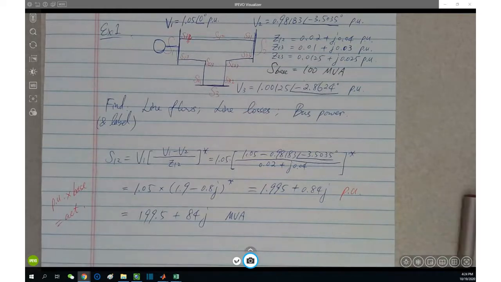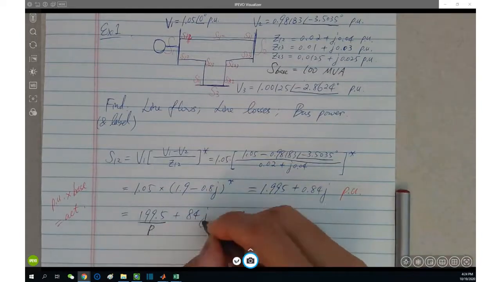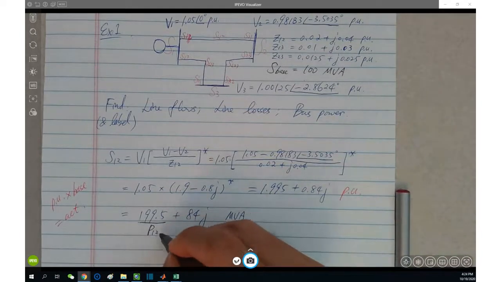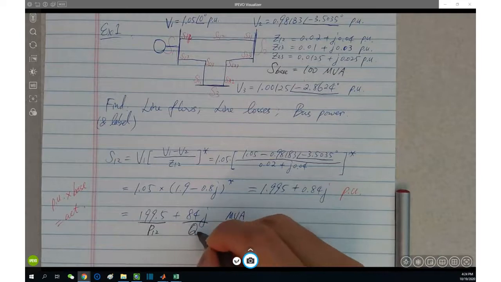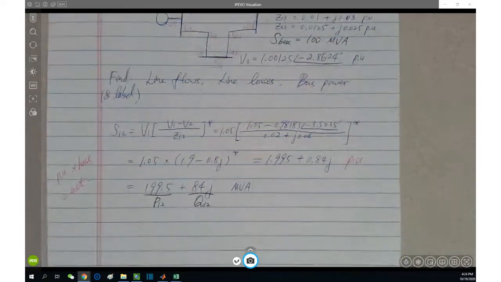And meantime, you're very clear that this is P12, and this is Q12. It matters because later on we will see we can label the active and the reactive power separately.